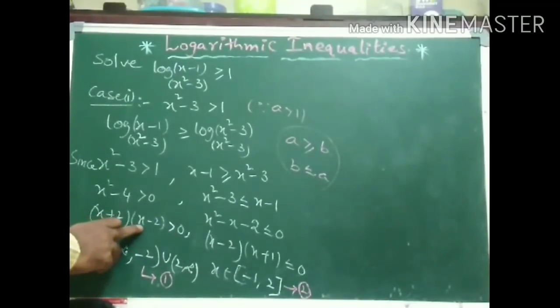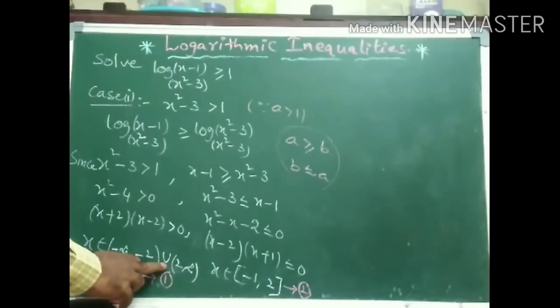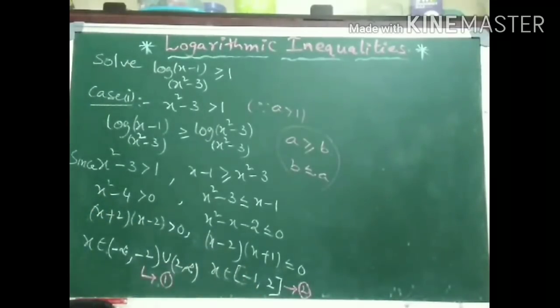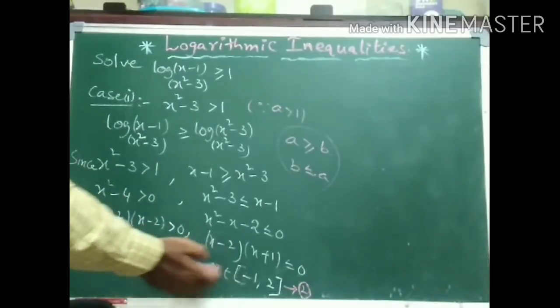That is (x plus 2) into (x minus 2) greater than 0. Then the solution for this inequality is nothing but x belongs to the open interval (minus infinity, minus 2) union (2, infinity). So this is say condition number 1, and this you can say is condition number 2.